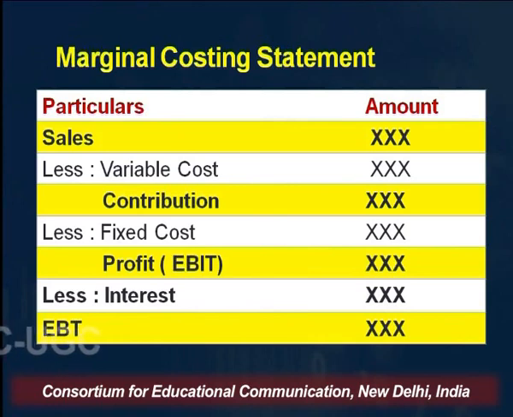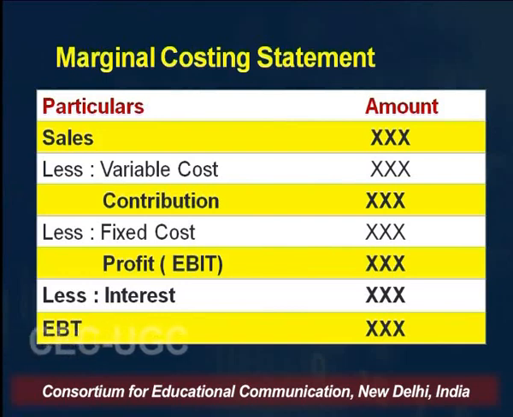Now I'll briefly tell you about the marginal costing statement, what we do in that statement. We first have to show the sales, then we deduct variable cost out of it, and the resultant value is known as contribution. Contribution, as I told you, contributes towards two components, one is the fixed cost, another is profit.